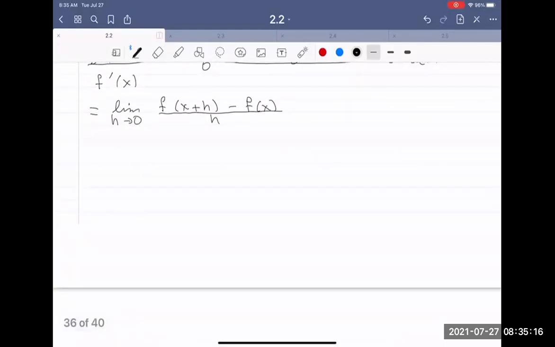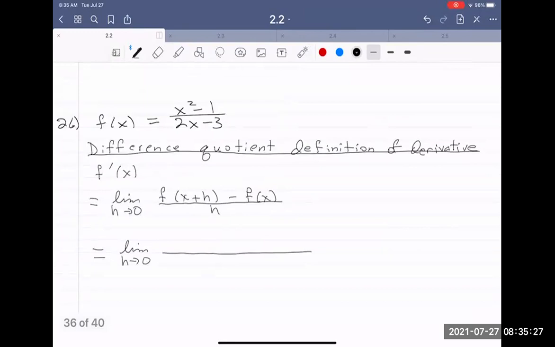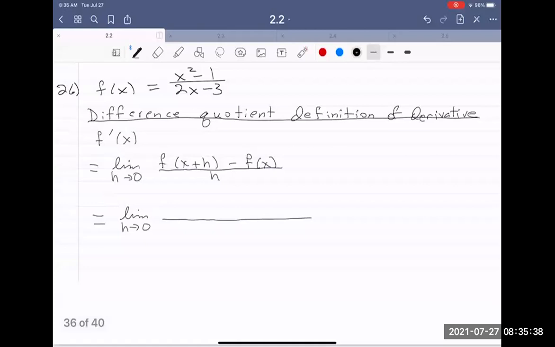So this is equal to the limit as h approaches 0 of, well, again, wherever I see an x in the formula for f, replace x by x plus h. So x plus h squared minus 1 over 2 x plus h minus 3.